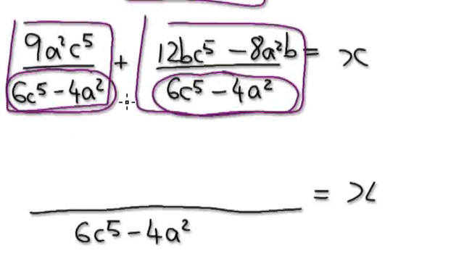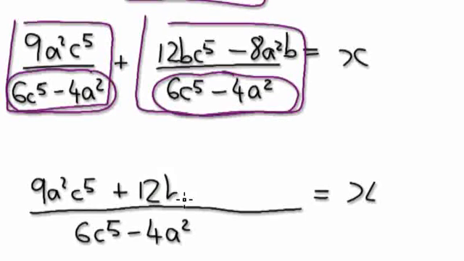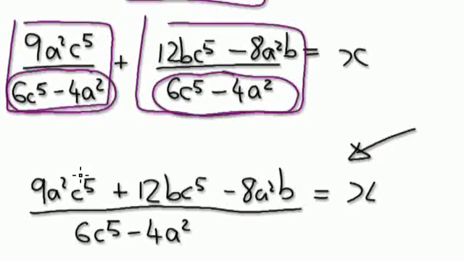So you can just merge the two bubbles, and then you just merge the two. So it would be 9a squared c to the power 5 plus 12bc to the power 5, and then minus 8a squared b. So now x is this thing here.